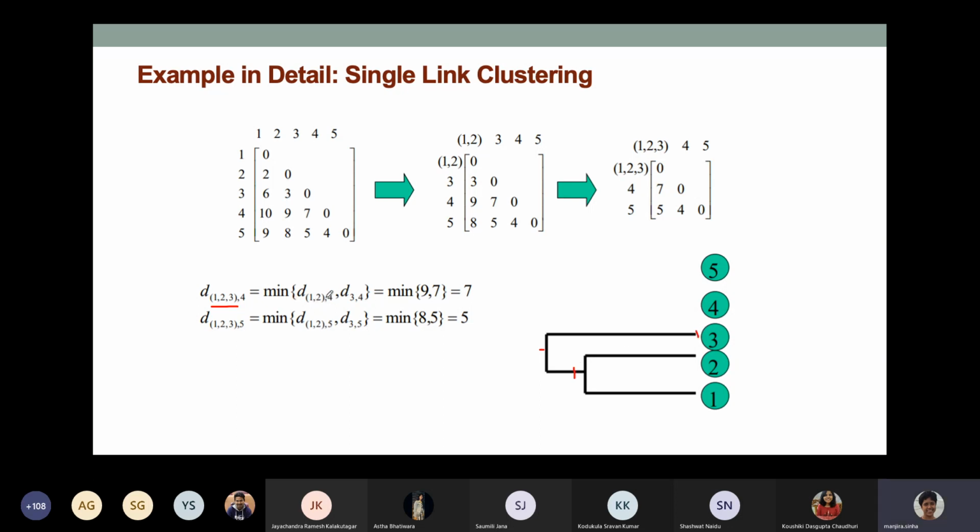The other reason is that we have already computed the distance of 1, 2 and 4 at the previous step. So now it is the minimum of 9 and 7, that is 7. So how do we know it is 9? From this matrix.